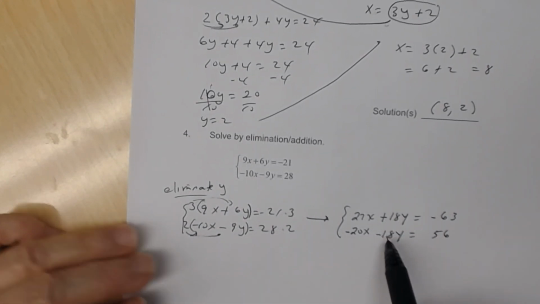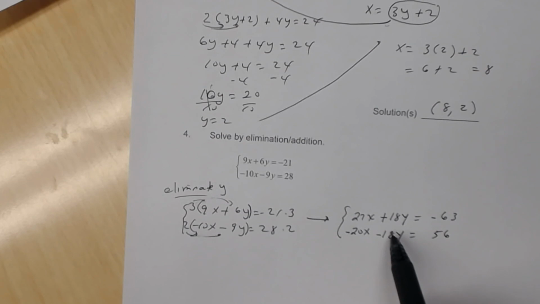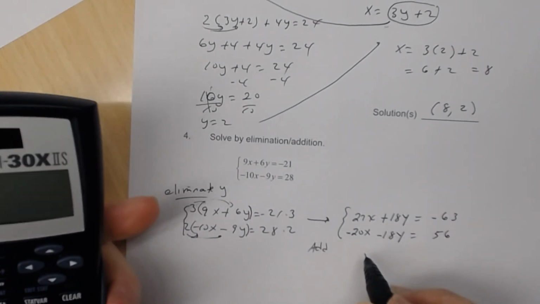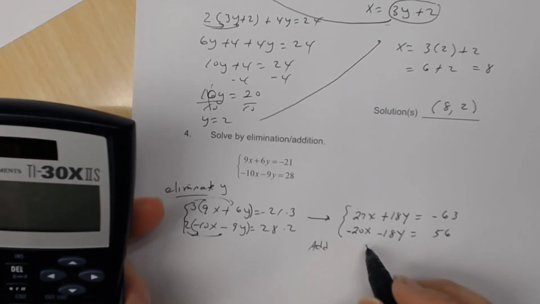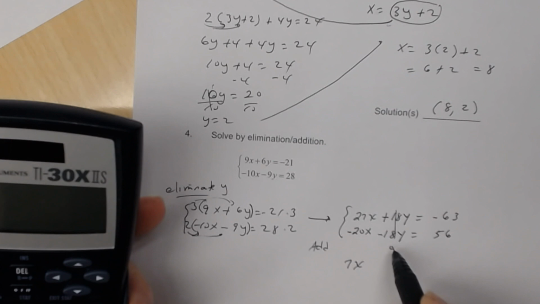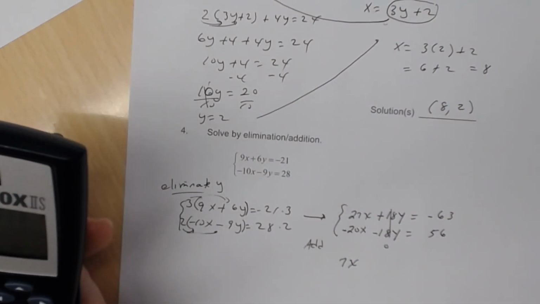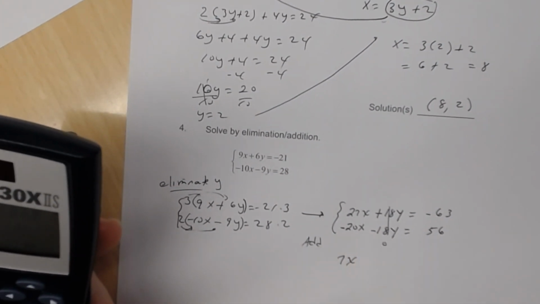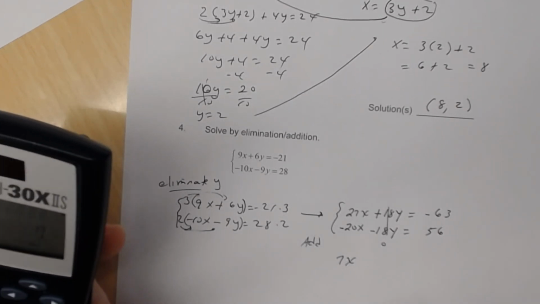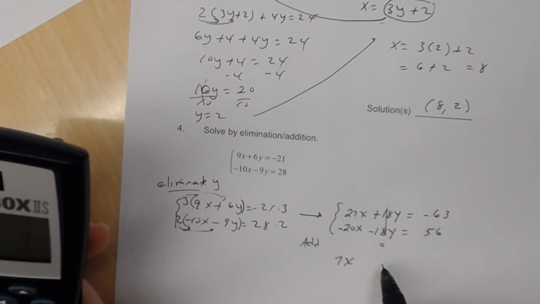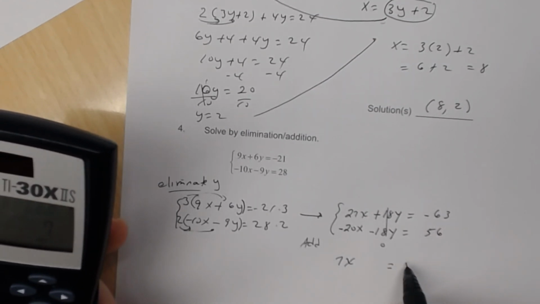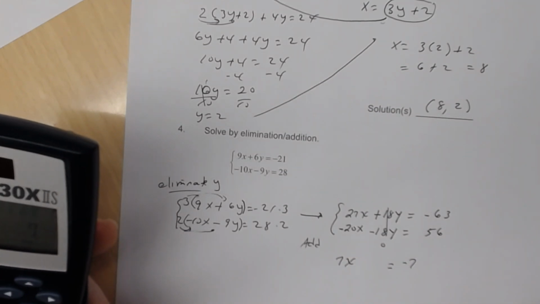Now notice the coefficients of y are now opposite of each other, so I can add these. 27x and a negative 20x is 7x. 18y and negative 18y is 0. And over here, a negative 63 and a positive 56 is a negative 7.